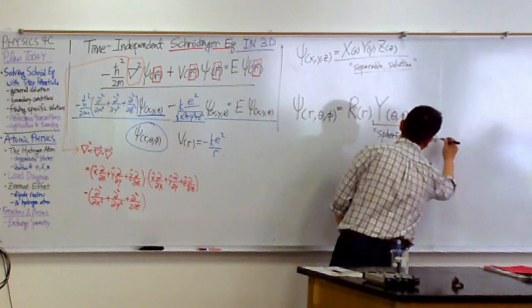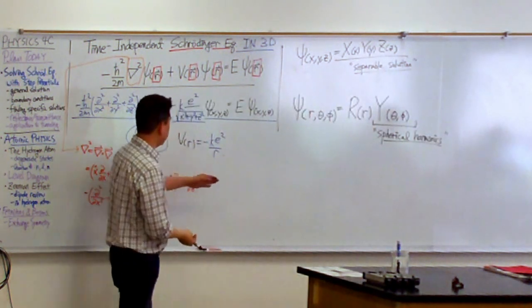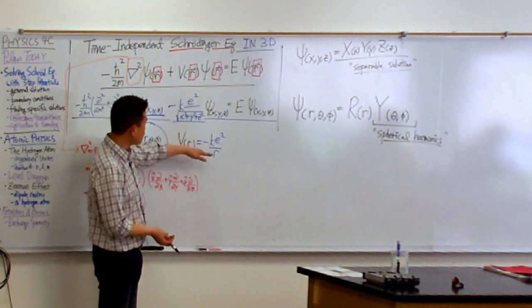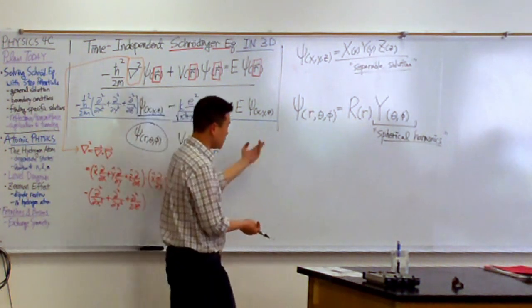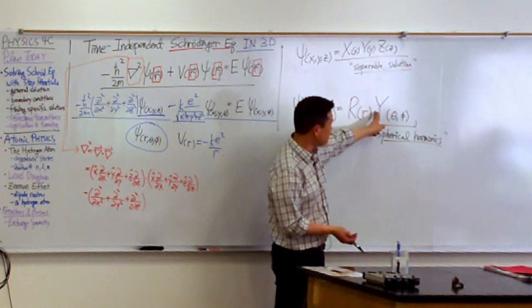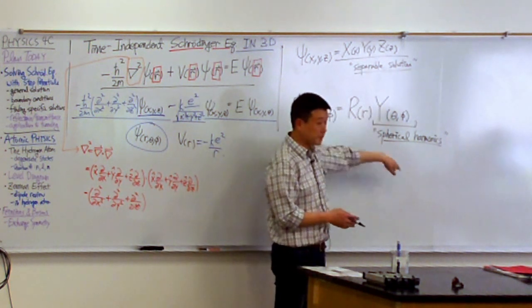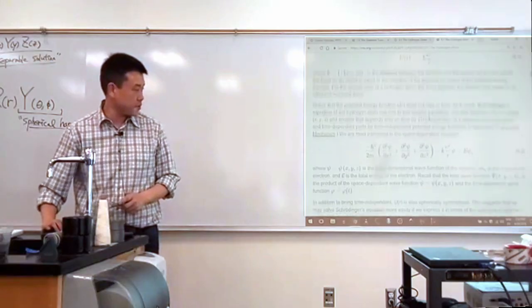And it occurs essentially any time you're dealing with a central potential that depends only on R, then you can separate out your solution and the angular portion becomes a spherical harmonic. So that's the description you will see in your textbook.